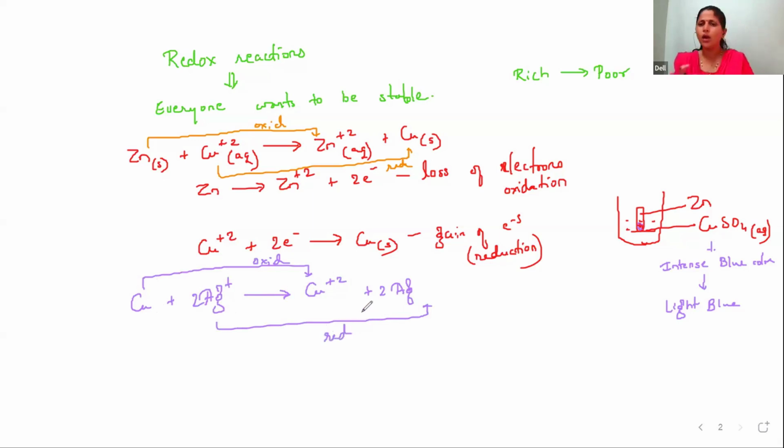Correct. Now you will have a question like, teacher, in the previous example, you just said zinc is rich and copper is poor. And here, if you see, copper is donating electrons. There, copper was accepting the electrons, it was taking the electrons, and here, copper is donating. It's something like, you just consider, I talked about rich and poor. Let us say there is a rich man, there is a middle class man, and there is a poor man.